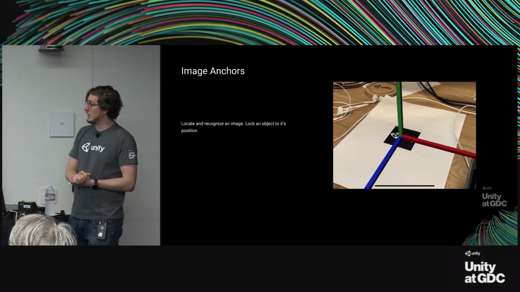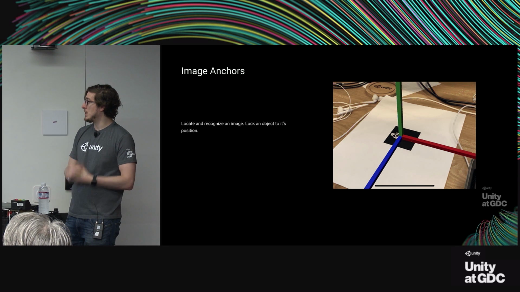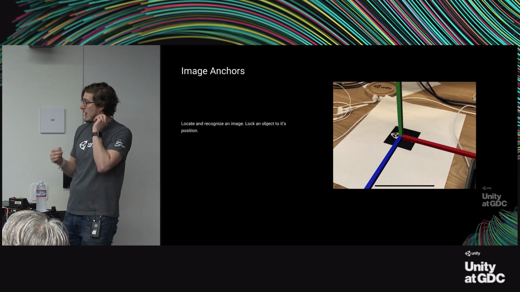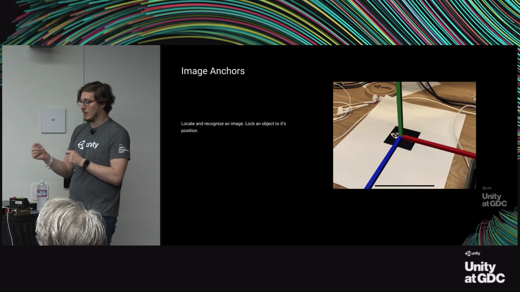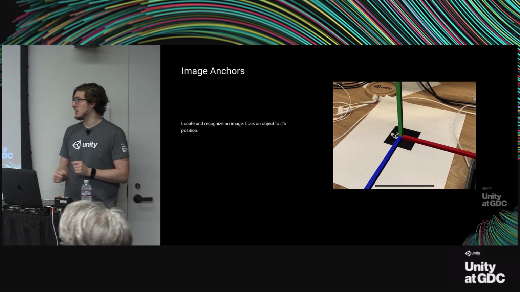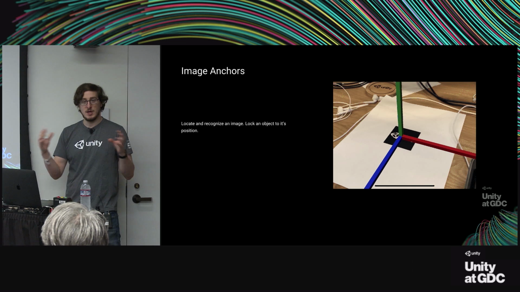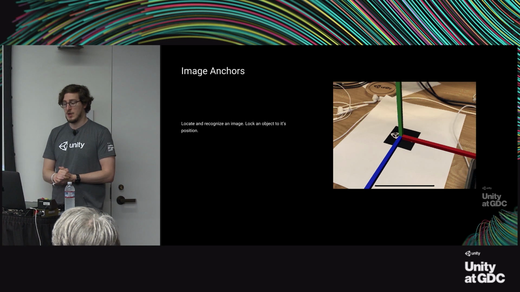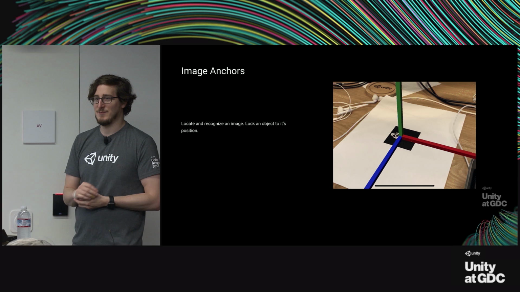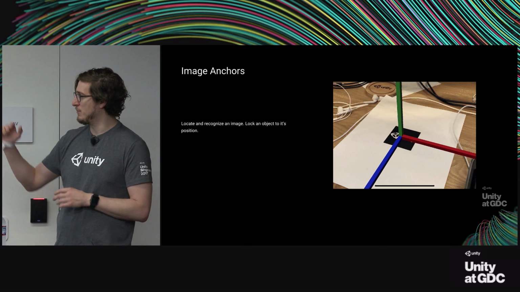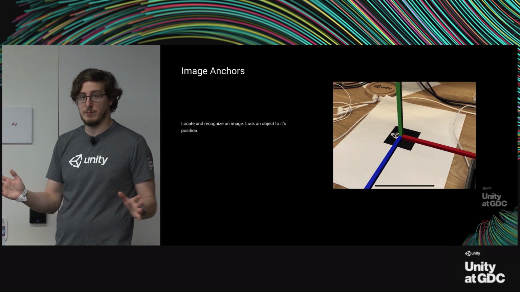Last is image anchors. This is a big one as well. If you're doing any sort of calibration, or aligning yourself to something, you can upload your own custom image anchors. It does need to be built into the app. I know some people are trying to do it at runtime, and I've been having some difficulties with that. Basically you can take almost any picture.